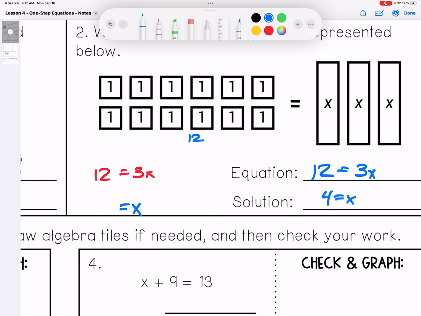It's 3 times x, so we do the opposite. The opposite of multiplication is division. So we divide by 3. What is 3 divided by 3? It is 1x. Do we need to put that 1 in front of the x? We do not. Those cancel out. And on the other side, we also divide by 3, and we get 4. Is that not what we got over there? Yes, it is.